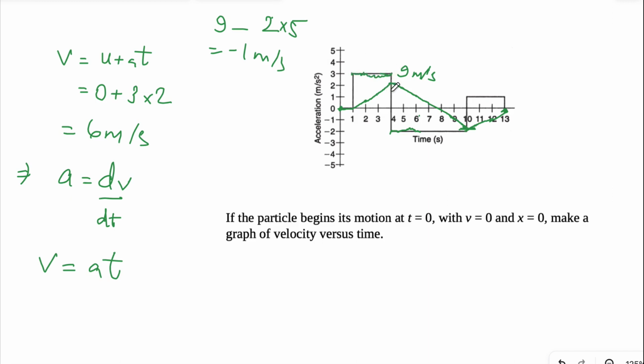So if we were to go from acceleration to velocity, we'll do the area under the curve for the acceleration time graph. From velocity to acceleration, you calculate the slope. From acceleration to velocity, you calculate the area under the acceleration time curve. So this is the area. That would be the total change in velocity.